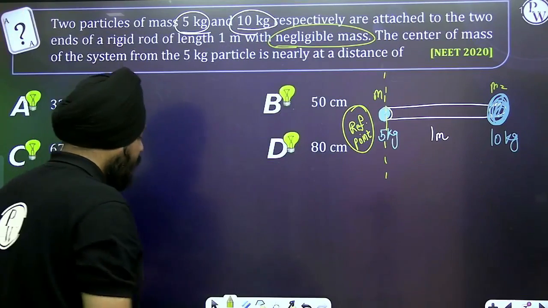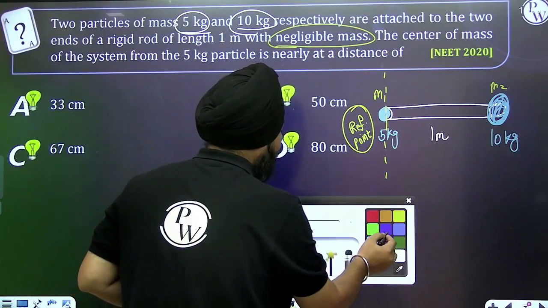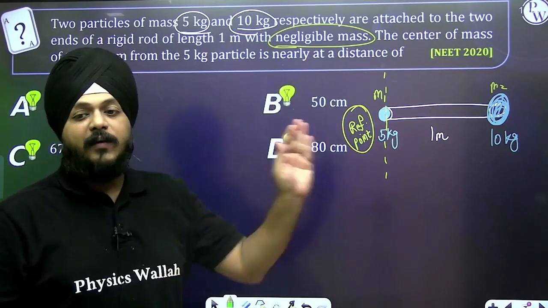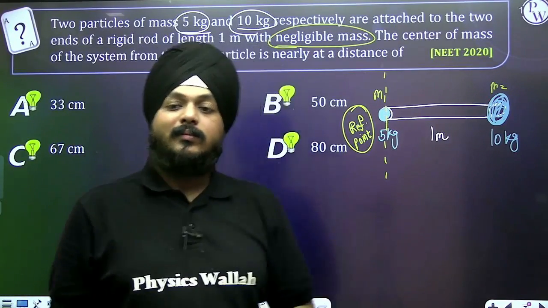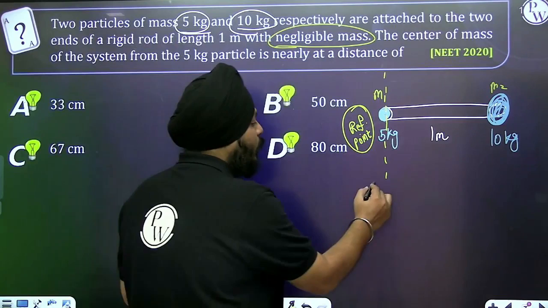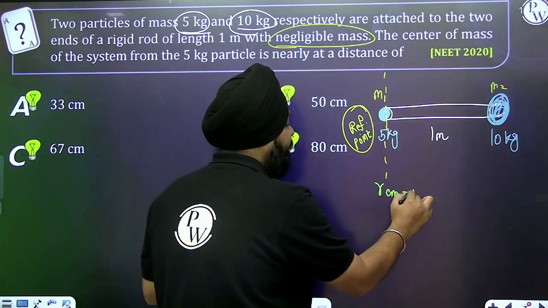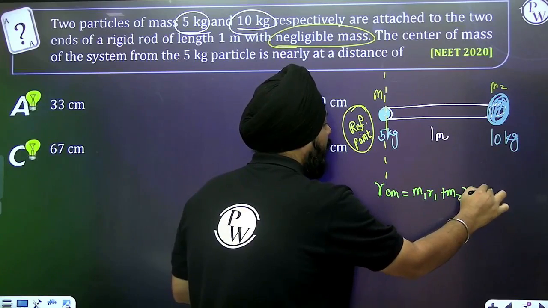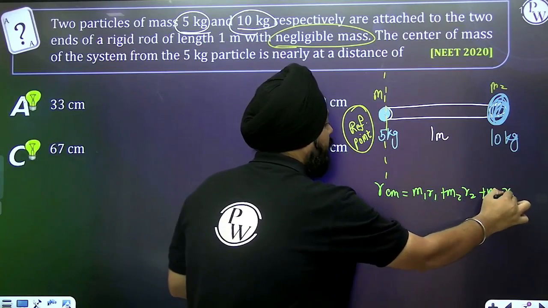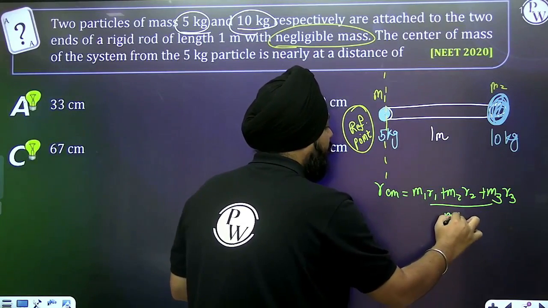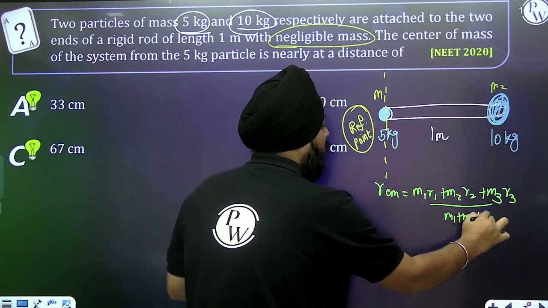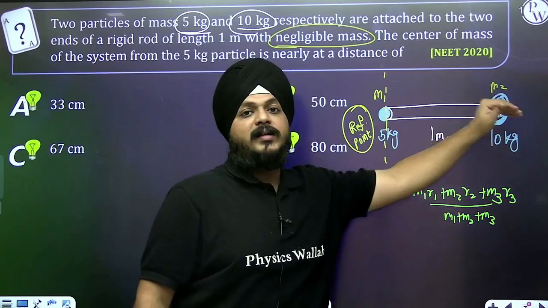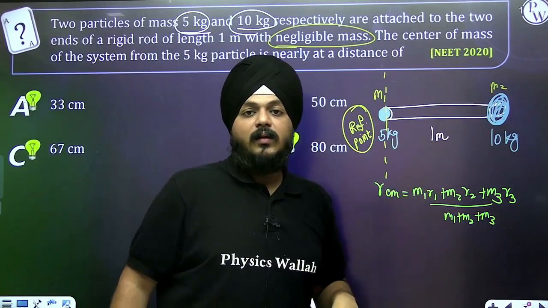And with respect to the reference point, we are going to calculate. See here, immediately by seeing this question, we are having a right thought. Which formula we want to use? Directly we are going to use the formula R center of mass, that is m1 r1, m2 r2, m3 r3, whole divided by m1, m2, m3. Now in this case, all of those masses are distributed on the x-axis.